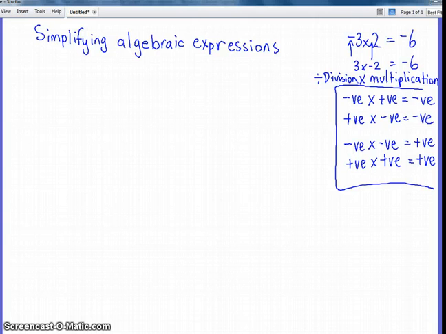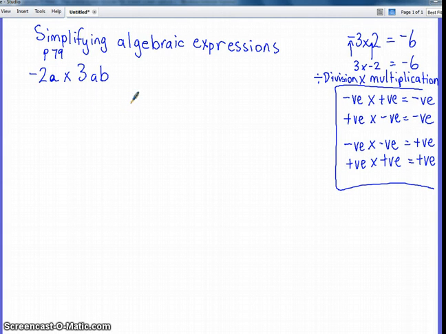Alright? So we'll take an example where we've got negative 2a, I'm looking at the example on page 79: negative 2a times 3ab.